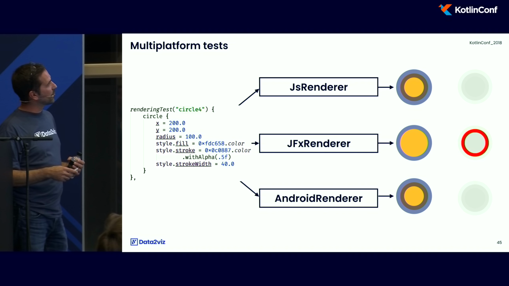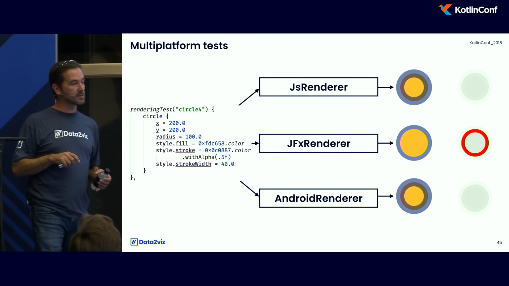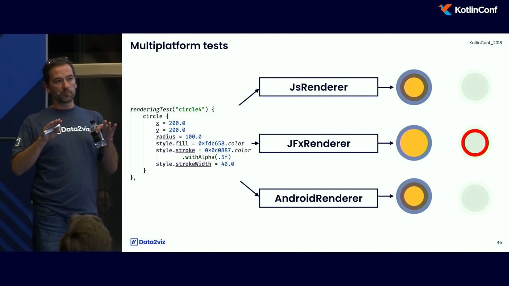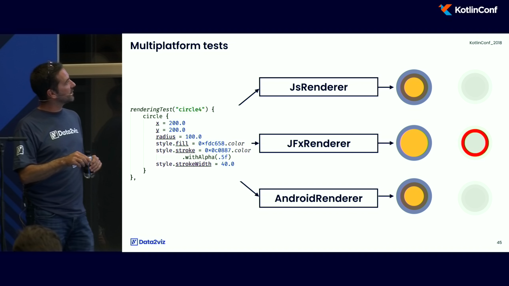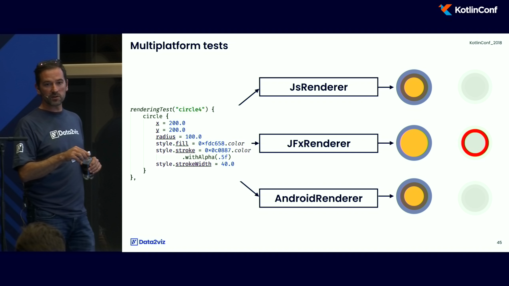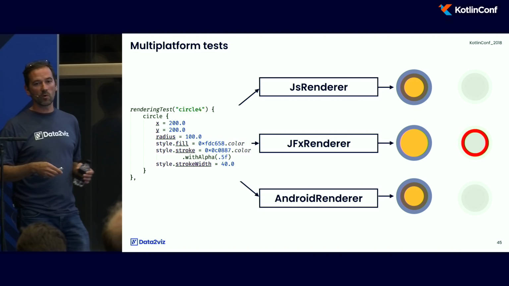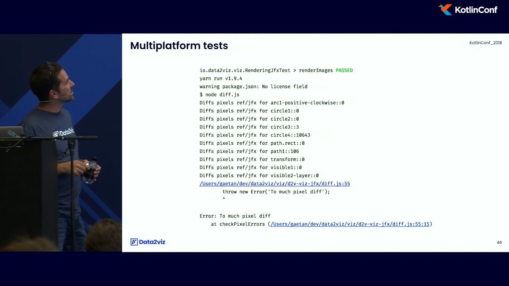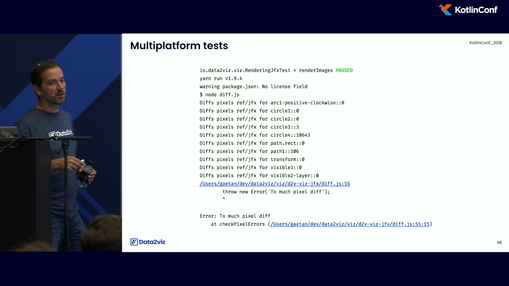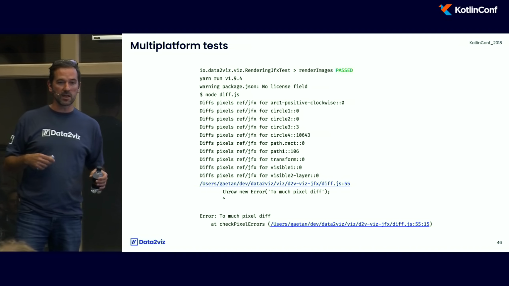Then we compare the images. We use another tool which is called D3.js, and it does a pixel-to-pixel comparison. When there is a problem, it indicates the resulting difference. So here we have a lot of difference between this image and what we wanted to have. We see that we have 10,000 pixels that are different on this image.